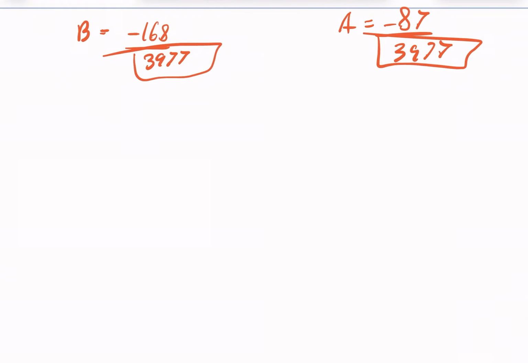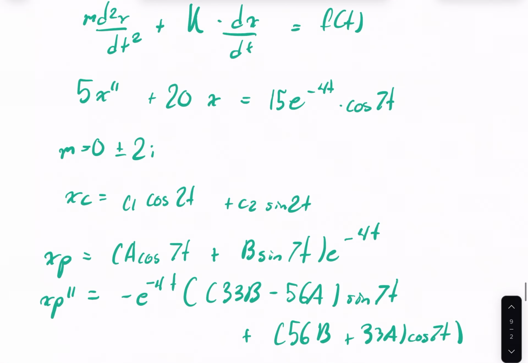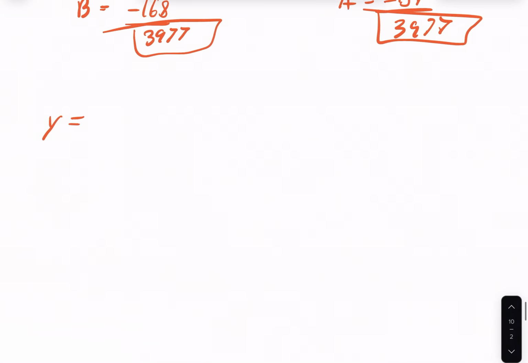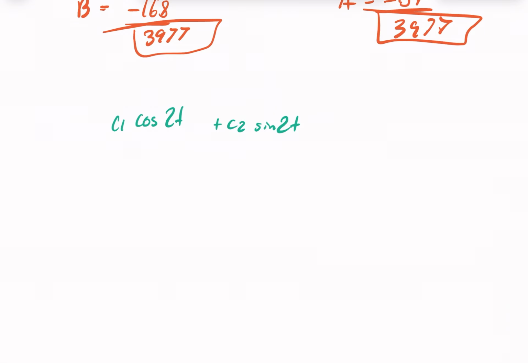Okay, then you're going to plug your particular solution back into your original one. So I'm going to copy paste this. I have it as y now, but I'll change it. Here you go, guys.